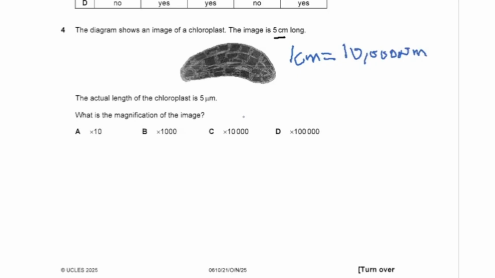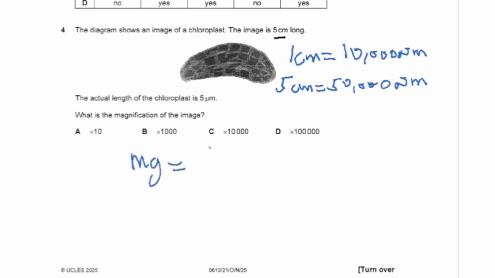So it means that 5 cm will also be equal to 50,000 micrometer.